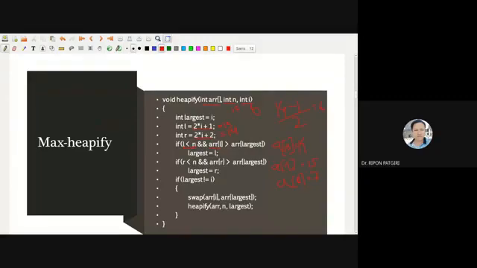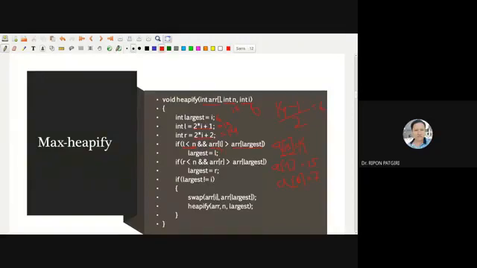So what is the largest? Largest is I, which is 6, so largest is 6 right now. Array of L, L means 13, and array of 13 is 14.